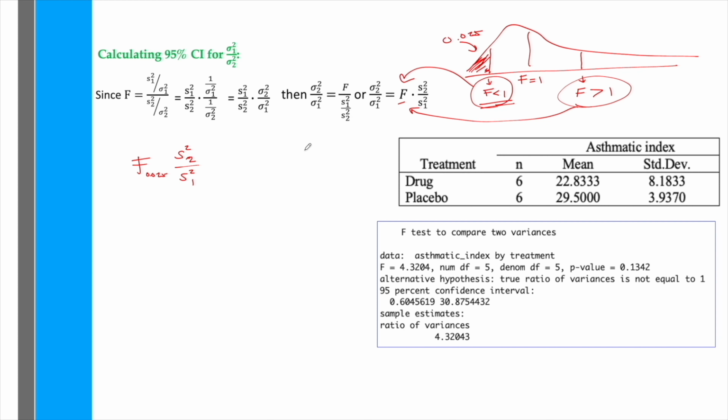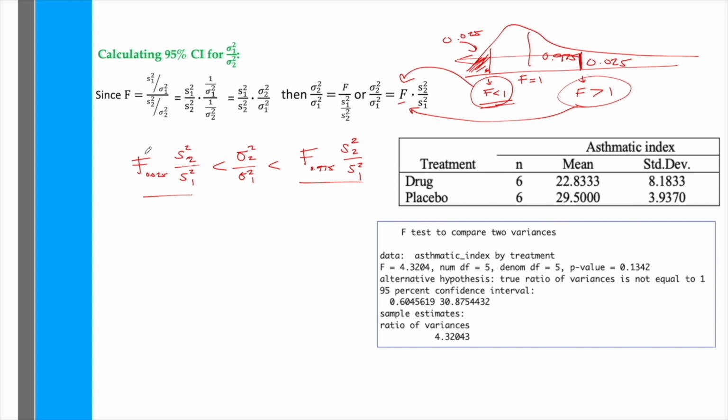And we're going to have F with 0.975 cumulative probability, which happens to be this value of F, since this is 0.025, so the cumulative probability is of course 0.975. And multiplying that by s squared sub 2 over s squared sub 1, we are sure that this will be less than this. And somewhere between will be sigma squared sub 2 over sigma squared sub 1.